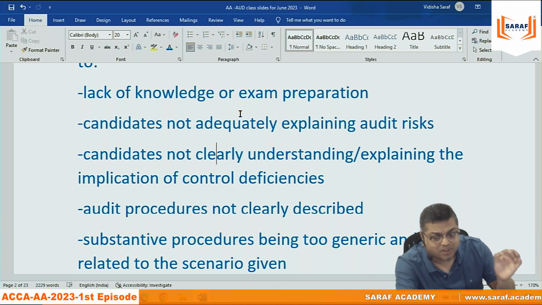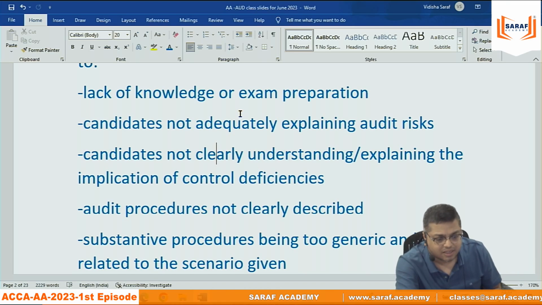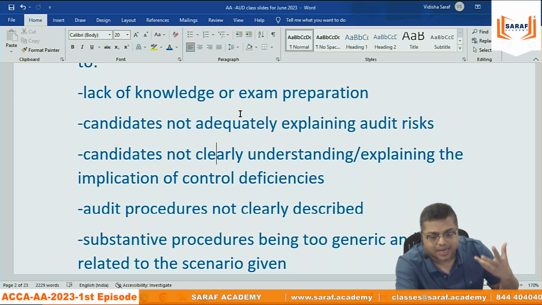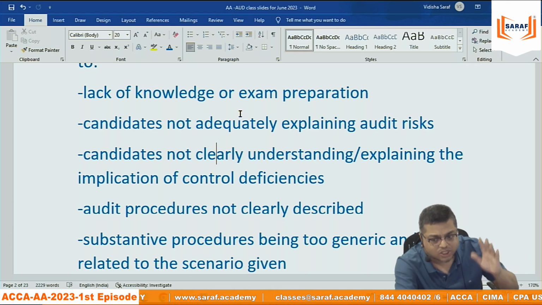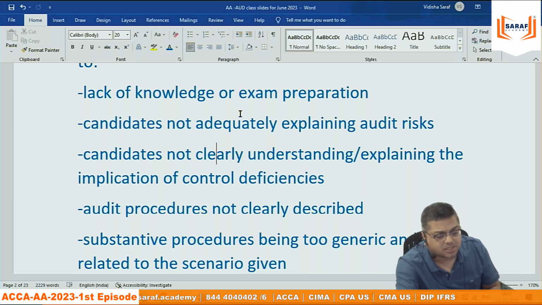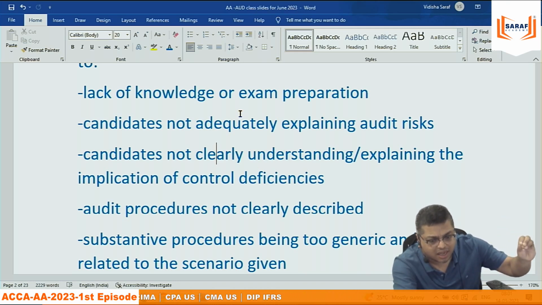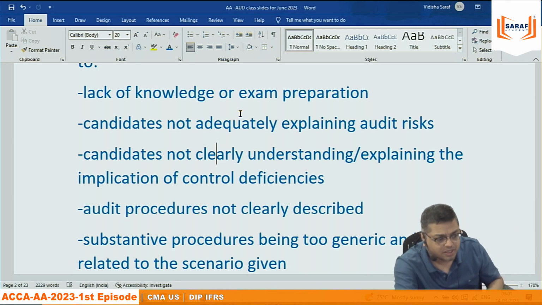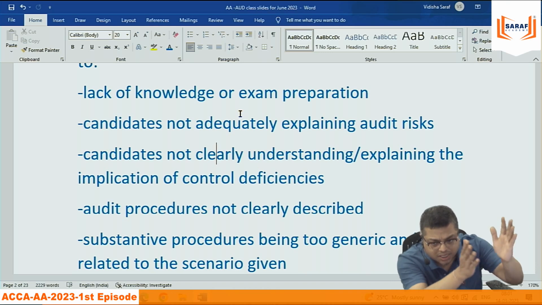So the problem with the students, the examiners are saying, I am not saying, is that they don't actually understand the audit risk. They are writing the risk, but they are not actually writing the audit risk. Candidates are not clearly understanding and explaining the implications of control deficiencies. If an organization has some problems, students are not understanding the problem because every question is scenario based.